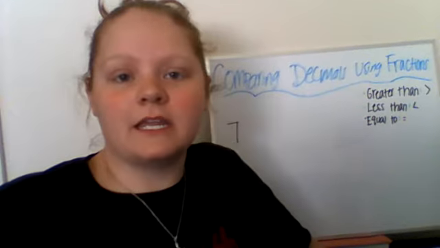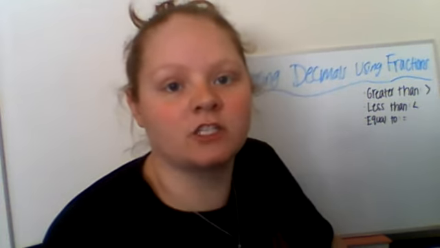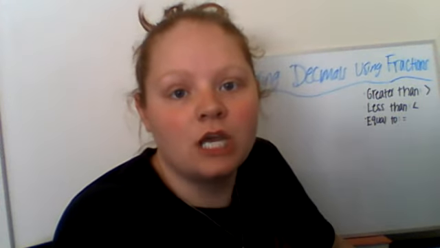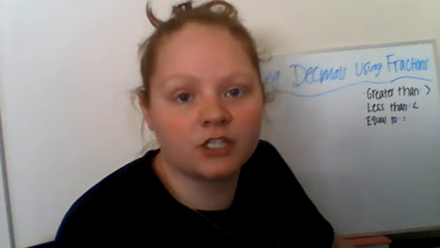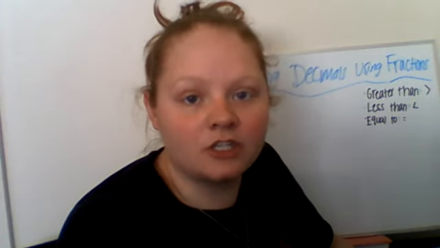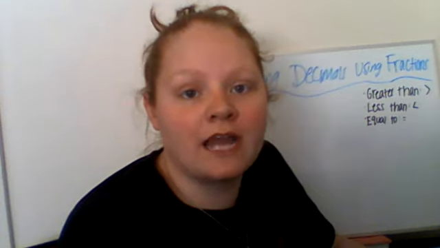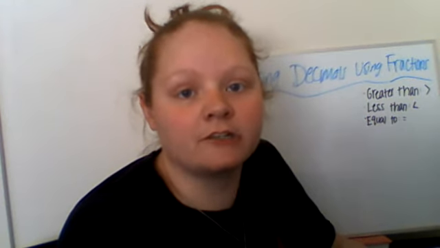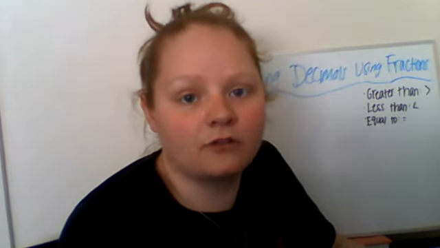So before we get started, let's do a quick recap on what comparing is. When you hear that you're comparing two numbers, it could be whole numbers, it could be decimals or fractions, all comparing is you're just looking for the biggest place value. So you're going to be looking at the number that's in each place value, and you're going to find the number that has the greatest place value.